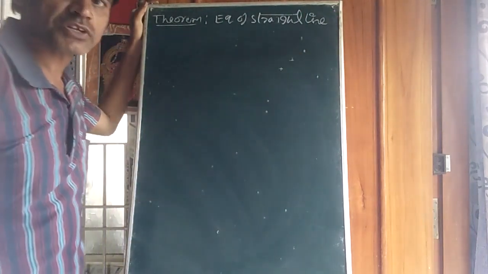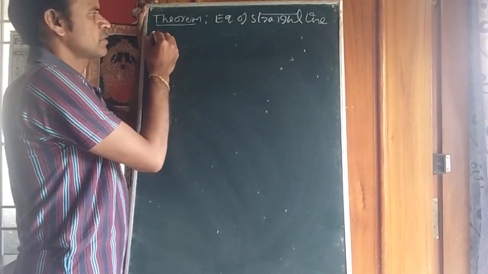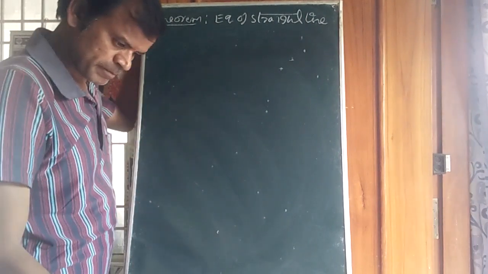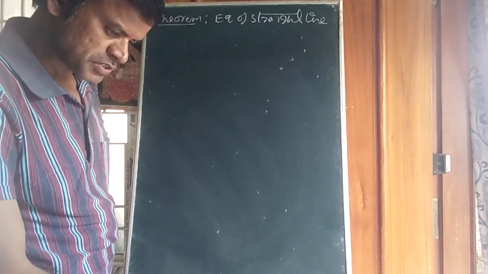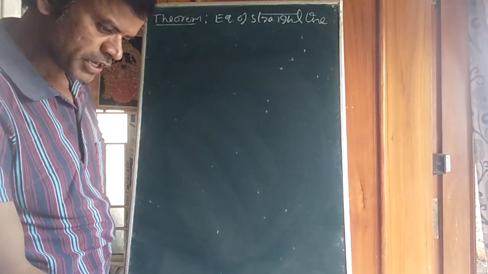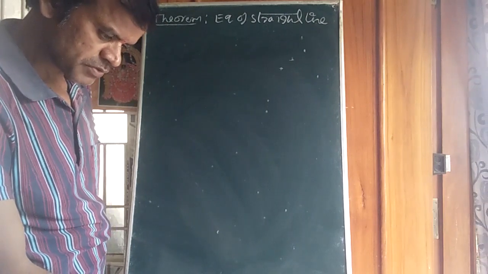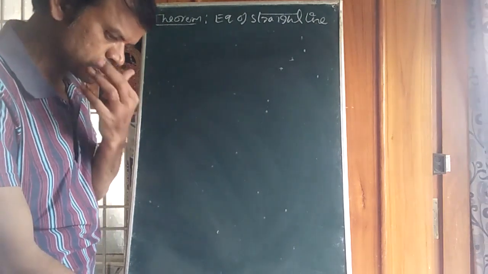This is the equation of straight line which meets the coordinate axis at A and B. Find the equation of straight line when AB is divided in the ratio 2:3.